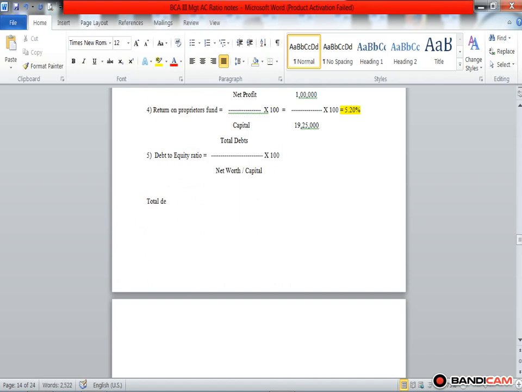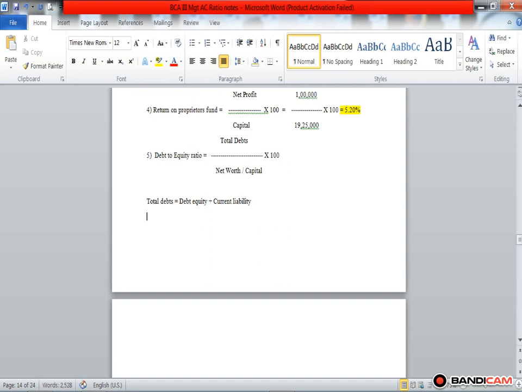Total debts is equal to debt equity plus current liability.